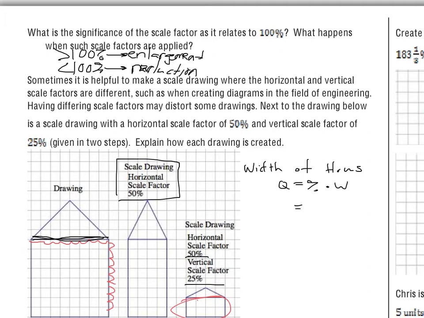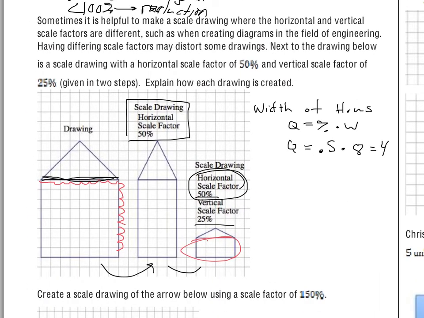And again, always the original is our whole, so the width is originally 8. And this is going to follow our horizontal scale factor, which is 50% or 0.5. So the width of the house changes to 4. As we see down in the drawing, this is correctly done.